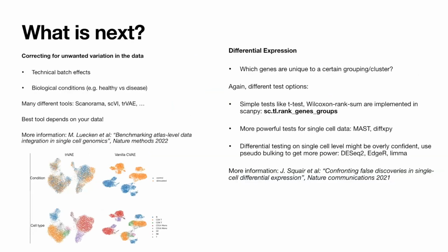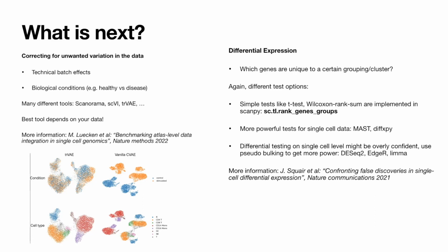Right, so these were essentially all of the topics that I wanted to cover. I've just noted down two more that I think are quite important, but just haven't quite fitted in this presentation. One is to correct for unwanted variation in your data. This might be if you have different biological samples, or even just different technical replicates of your data, that were sequenced at different times.